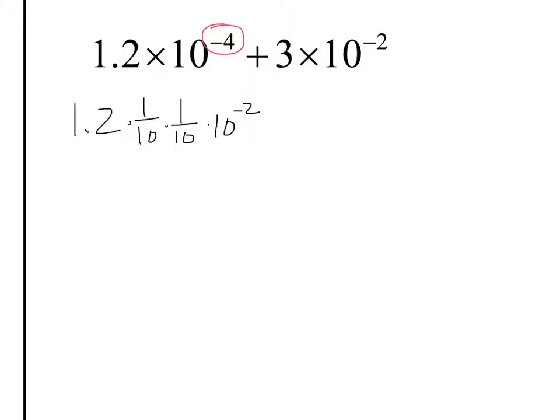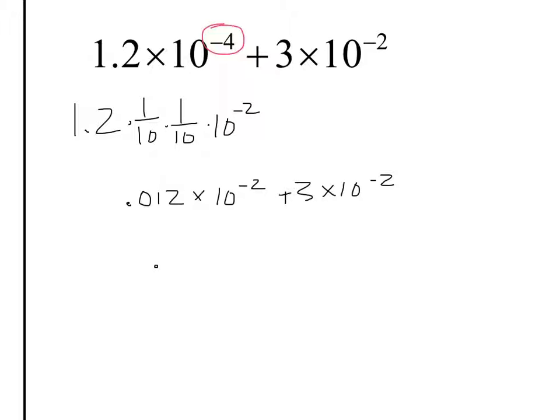So once I fix them, that moves the decimal 2 times. That gives me 0.012 times 10 to the negative 2nd power plus 3 times 10 to the negative 2nd power. So what you'll find is that it's almost always best to change your exponents to have the highest exponent.